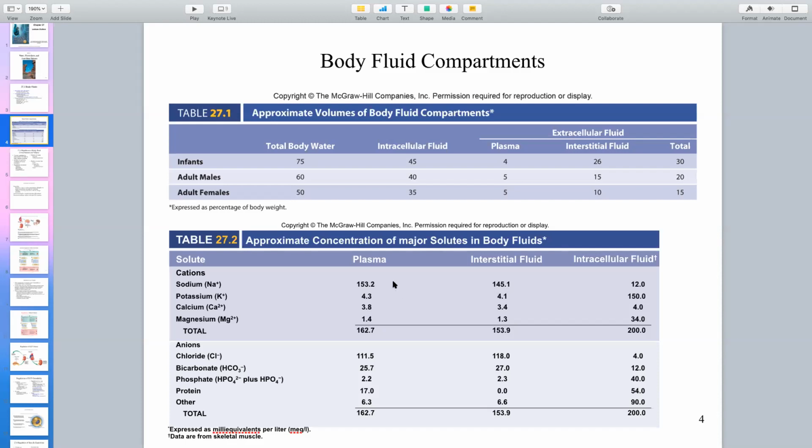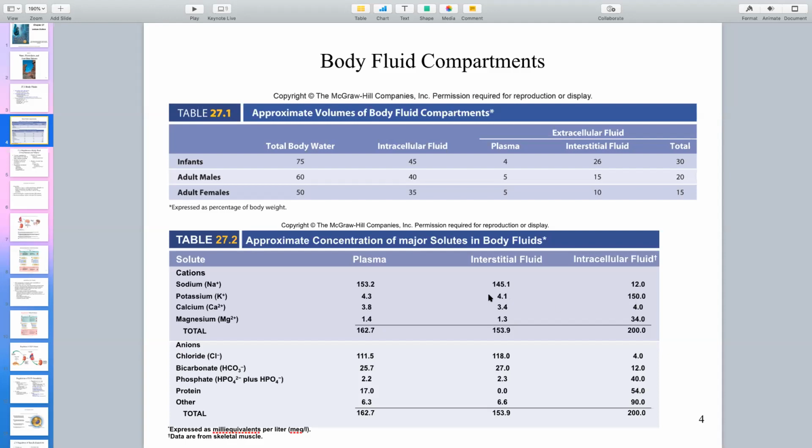Plasma? Plasma really mirrors the interstitial fluid. Remember, they're laying right next to each other. So if you have a high amount of sodium in the interstitial fluid, we can expect it to be very similar in the plasma. What else? Sodium potassium pump. We're letting potassium in. Look at how much potassium we have. 150 inside the cell.